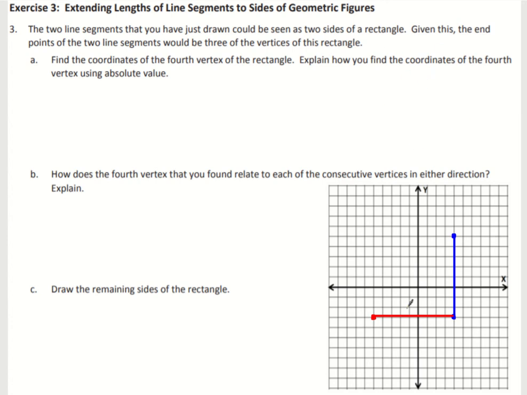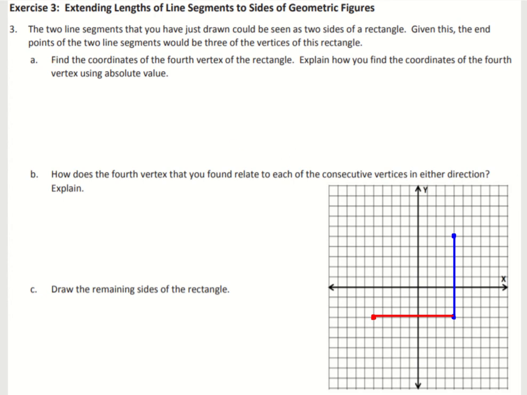Given this idea, my endpoints for the first 2 line segments would be 3 vertices of this rectangle. But a rectangle doesn't have 3 vertices, it has 4. So we're going to need to find another vertex, which, as you can see, is exactly what it's asking us to do in A. It's asking us to find the coordinates of the fourth vertex of the rectangle.